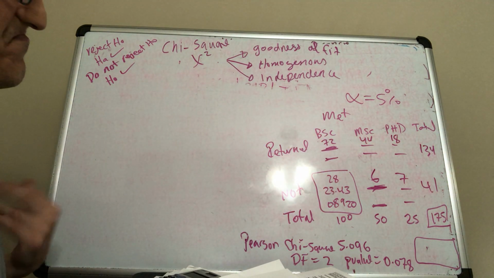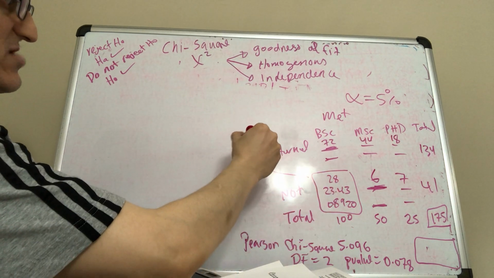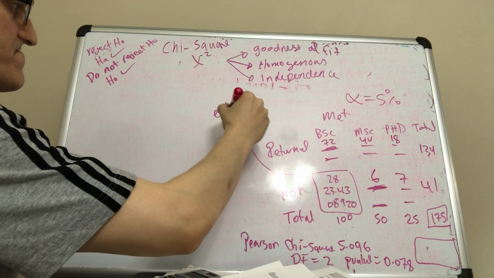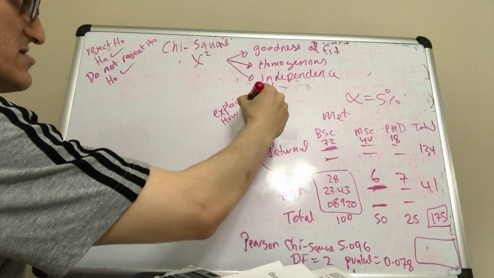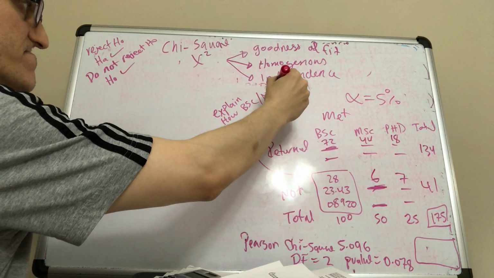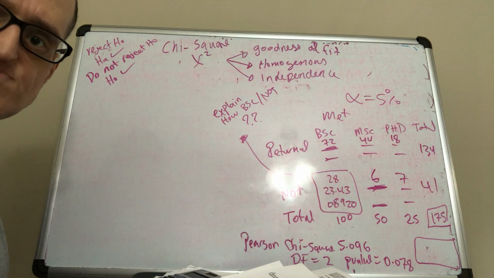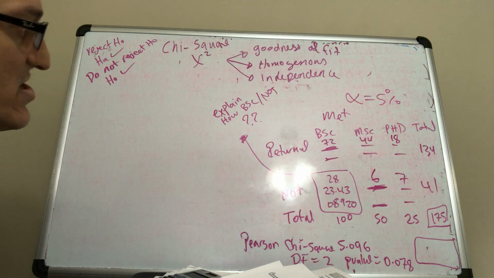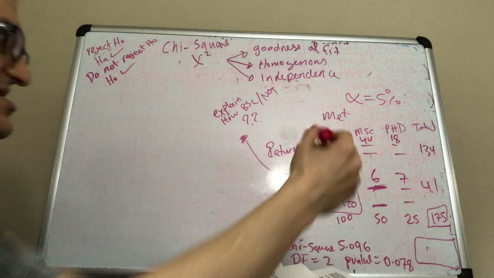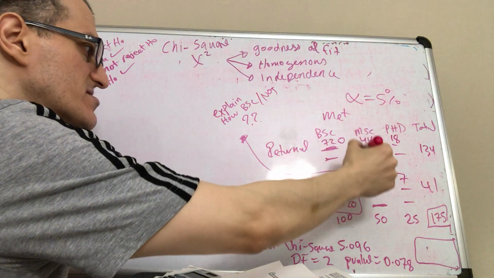In the exam, they'll ask you, explain how these are calculated. How are these three numbers calculated? Well, not all of them, because of the structure. The first number you see is called the observed number.